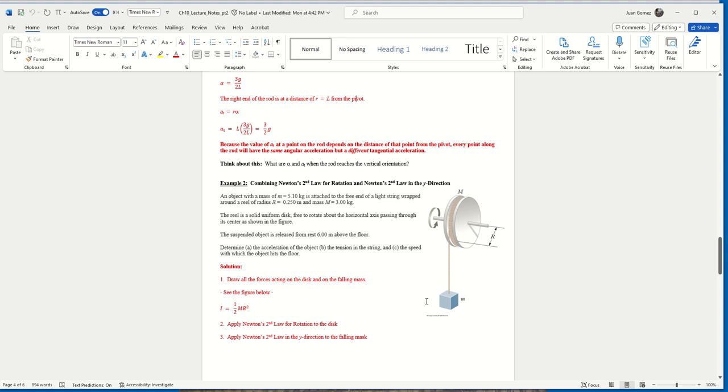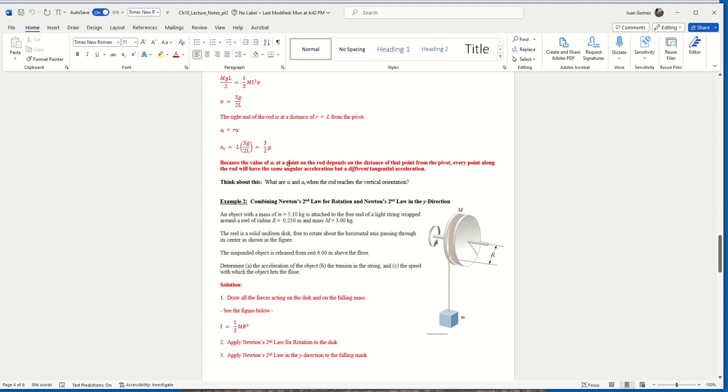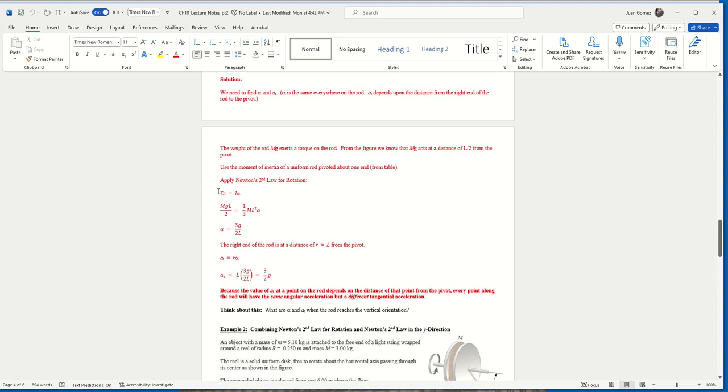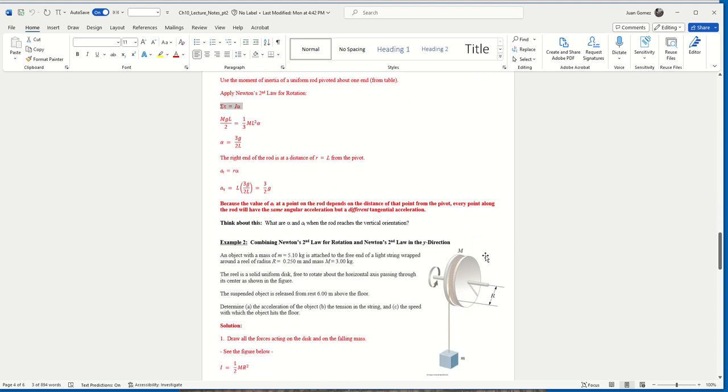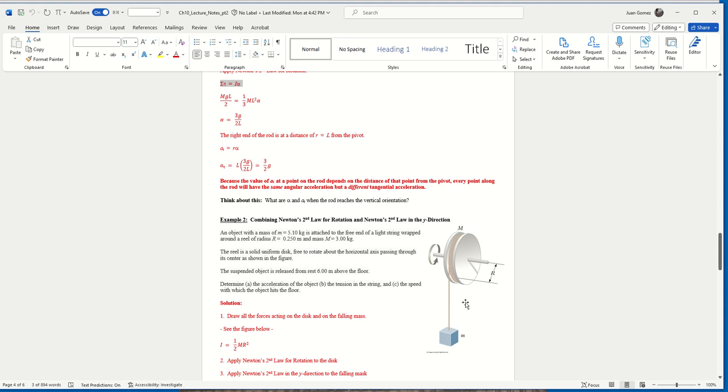So we apply Newton's second law in the y direction for the falling mass, and Newton's second law for rotation to the rotating cylinder. The cylinder is pivoted about an axis through its center, through its CM. It's a combination of Newton's second law for rotation applied to the rotating disk, and Newton's second law in the y direction applied to the falling mass. But I'll do that in a separate video.